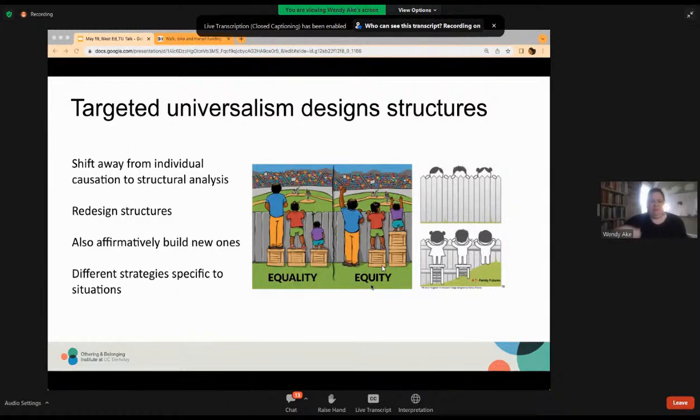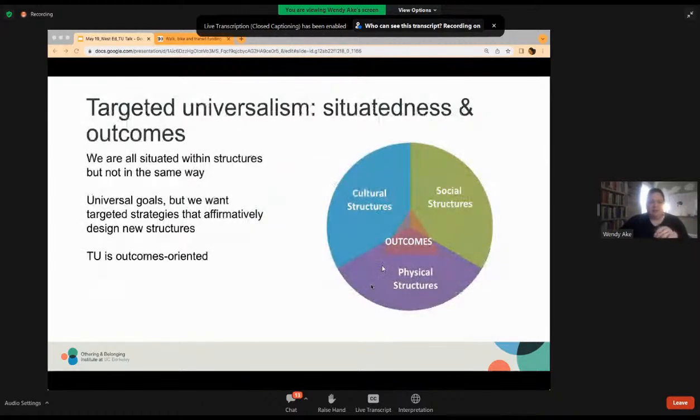So again, thinking about redesigning structures, it's not an individual problem, it's not people at different heights, it's actually a structural phenomenon. And there are different situations that structures create for people. So again, these images are useful, but mostly to talk about some of the concepts that we have differentiated through talking about TU.